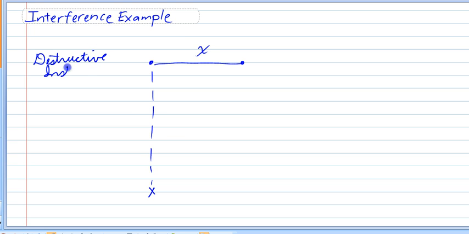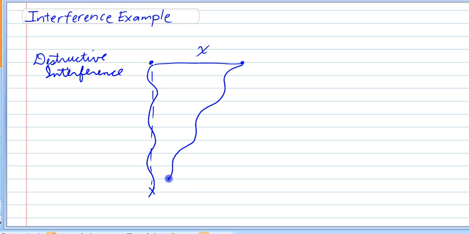Well, in order to have destructive interference, we need to make sure that whatever wave comes from one source is out of phase with the wave that comes from the other source.